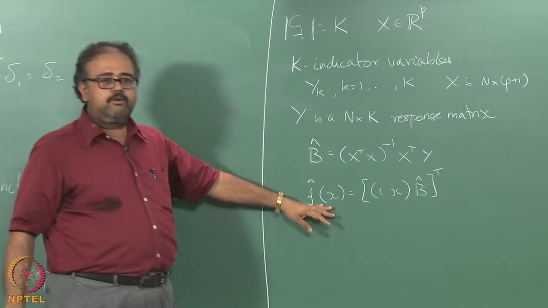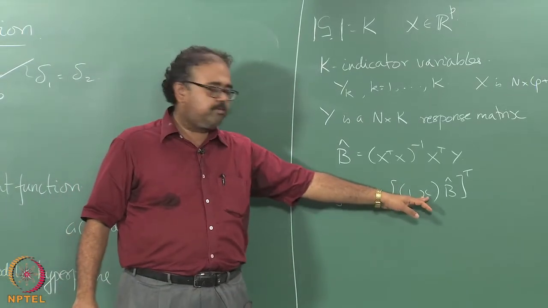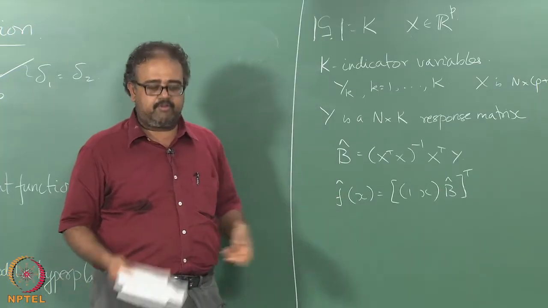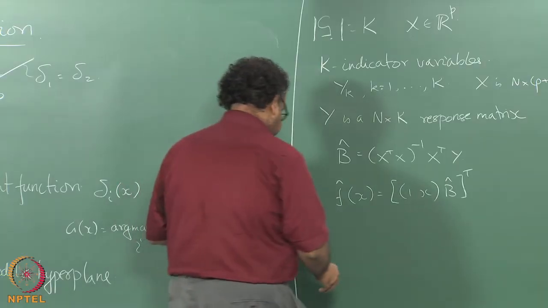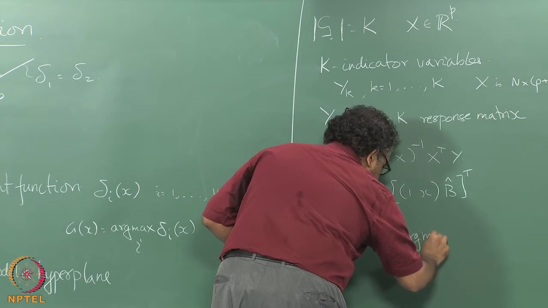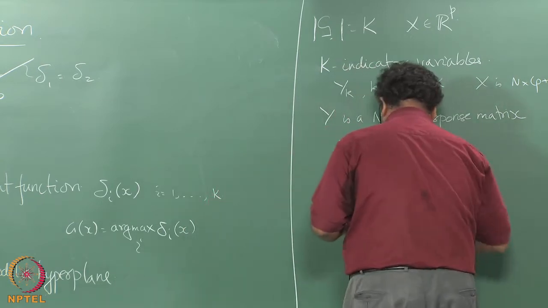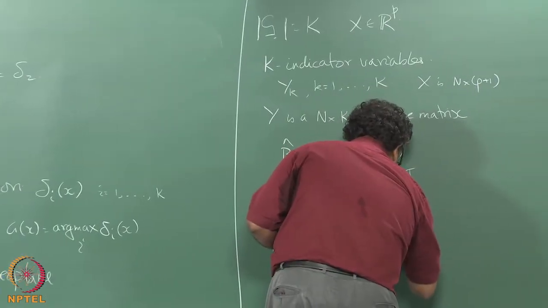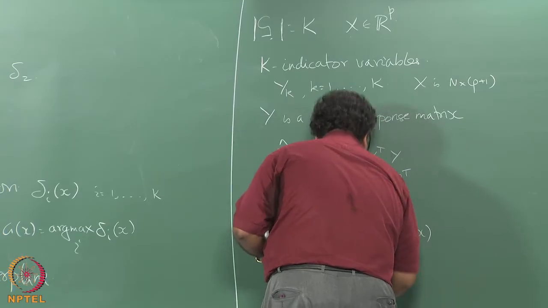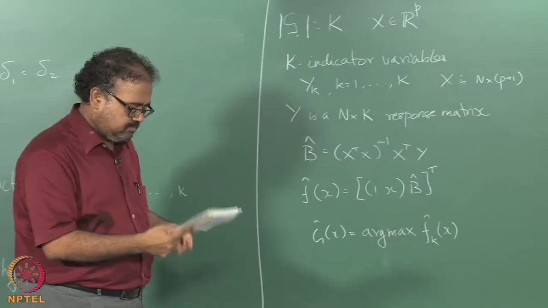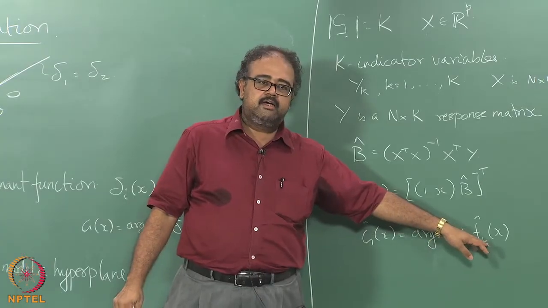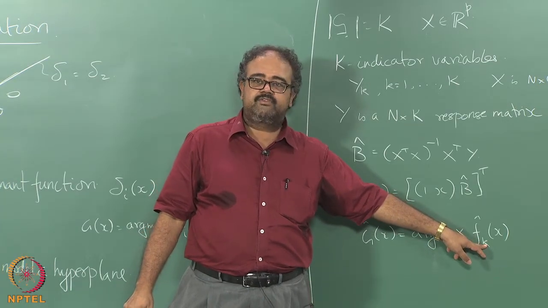So I can produce a vector of outputs f, right, given an input x by essentially taking the product with the betas, right, that gives me a vector of outputs f, and finally the class label that I assign to the data point is argmax of the f's, right.